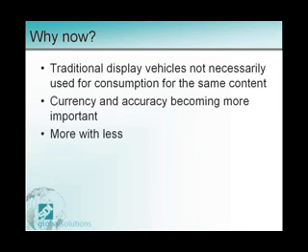The other reason, the traditional display vehicles are not necessarily going to be used for consumption of the same content. You have the iPhone, you have the Droid, all these devices, which we thought about 15, 20 years ago are now becoming more and more prevalent.